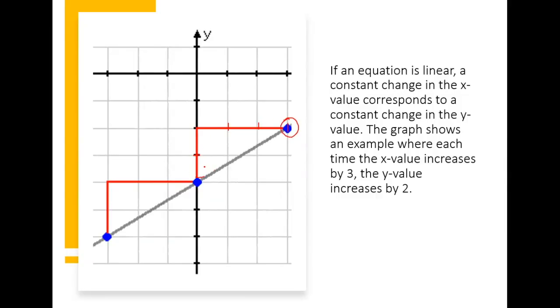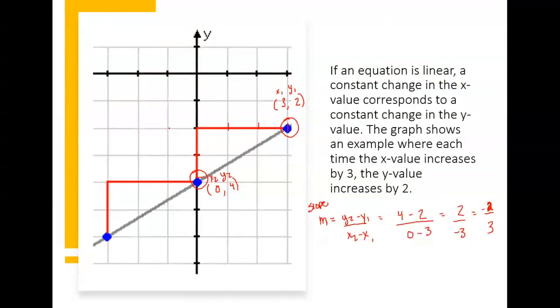Specifically, if we looked at these 2 points, this point has an x value of 3 and a y value of 2, so this is your x1, y1. And then for this one, you have an x value of 0 and a y value of 1, 2, 3, 4. So this should have been a negative 4.